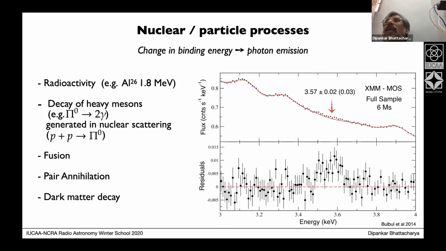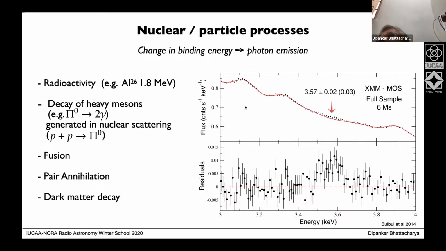Then you can have possible emission from some forms of dark matter. So we don't know what dark matter is composed of yet. So this is yet a speculation that some forms of dark matter, if they do occur, then you can observe decay of this dark matter producing a gamma radiation. And people have been looking for it.